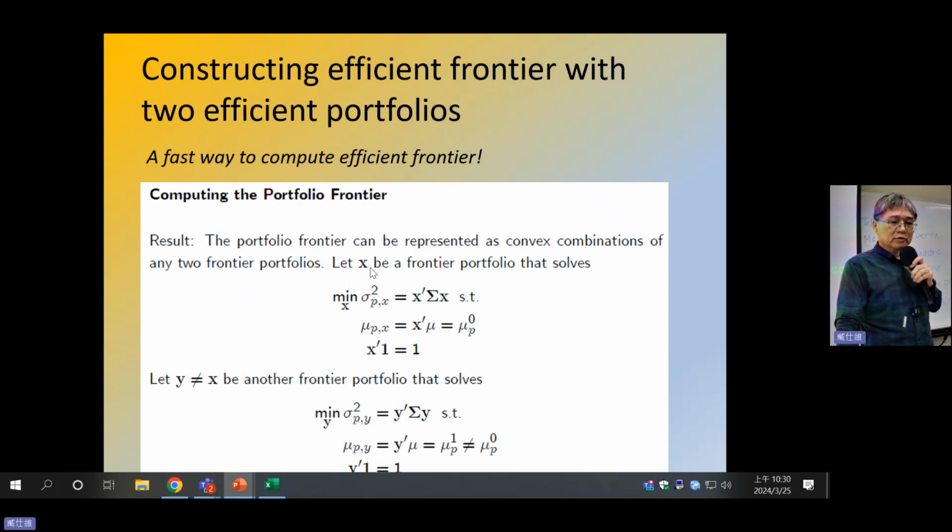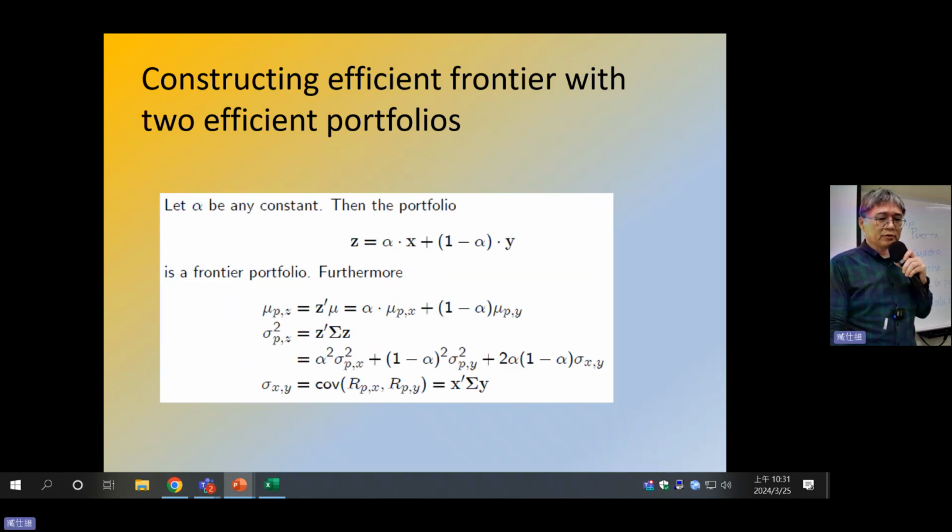In this case, X will be a frontier portfolio, and Y will be another frontier portfolio. By combining these two together, we can generate different efficient portfolios on the frontier. This is the basic logic behind that.